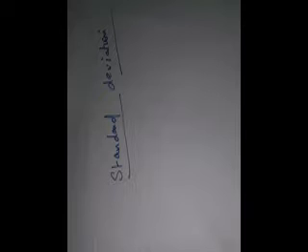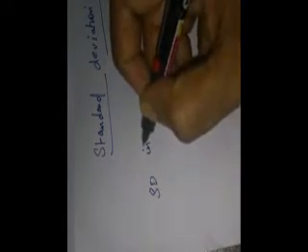I'll just repeat it once more. Standard deviation is the square root of the mean of the squares of the deviation of all values of a series from their arithmetic mean.